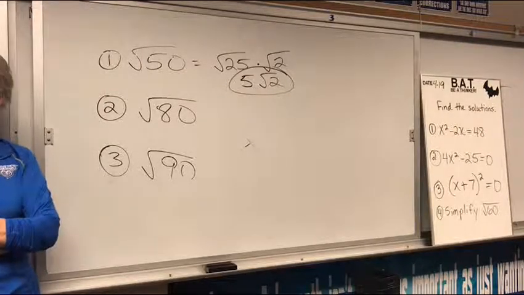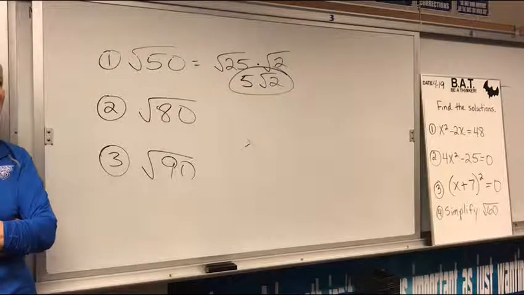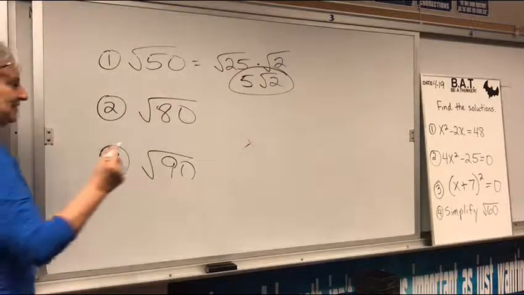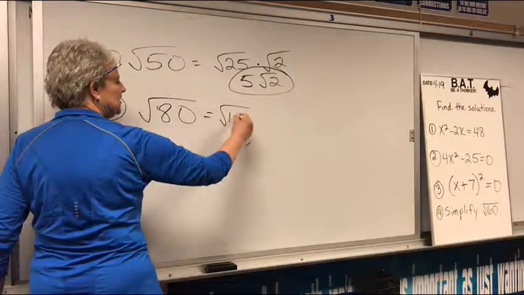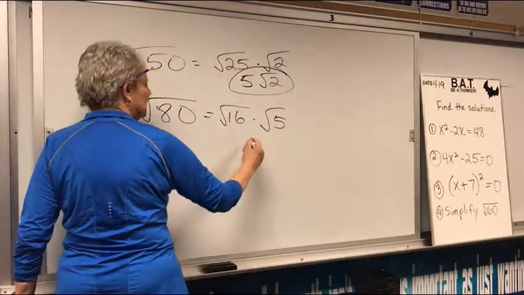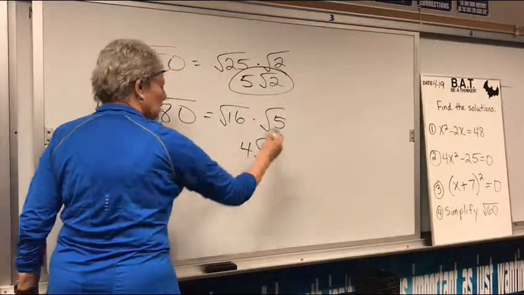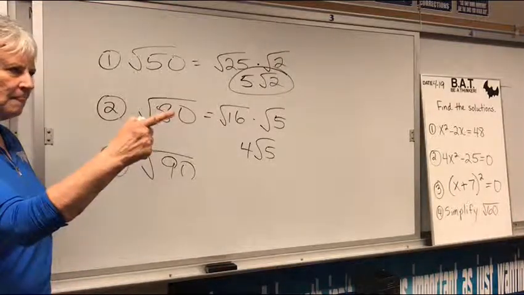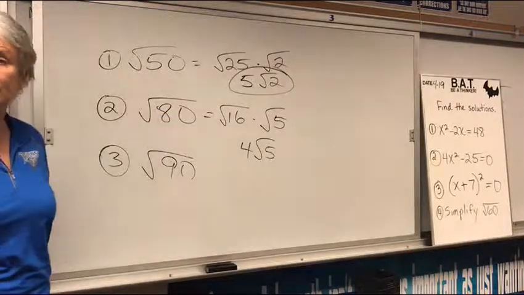Anybody want to start with something? He's got the fastest answer. Square root of 16 times the square root of 5. Final answer, 4 square root of 5. Now, what's another way to start? 4 and 20, right?